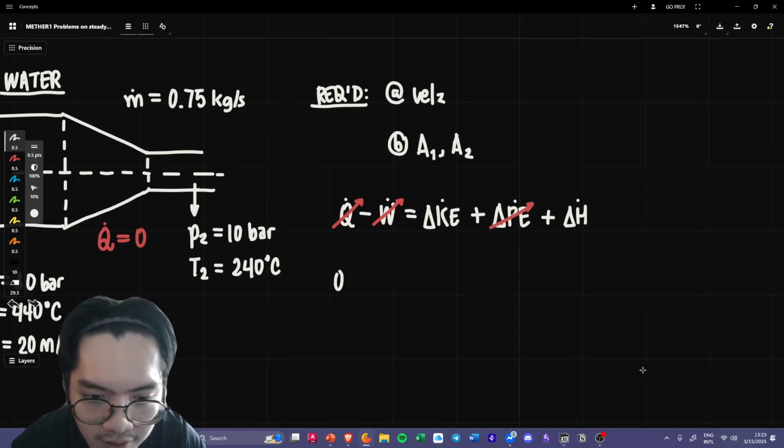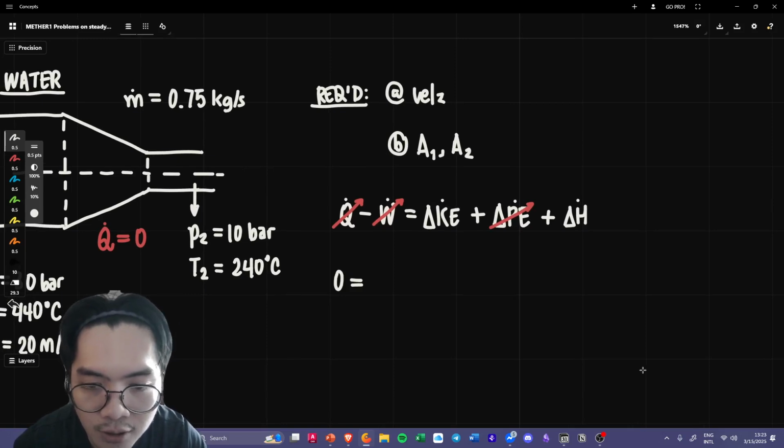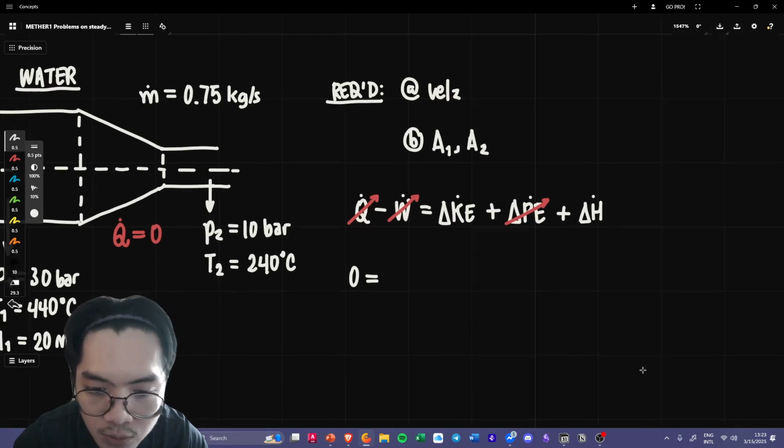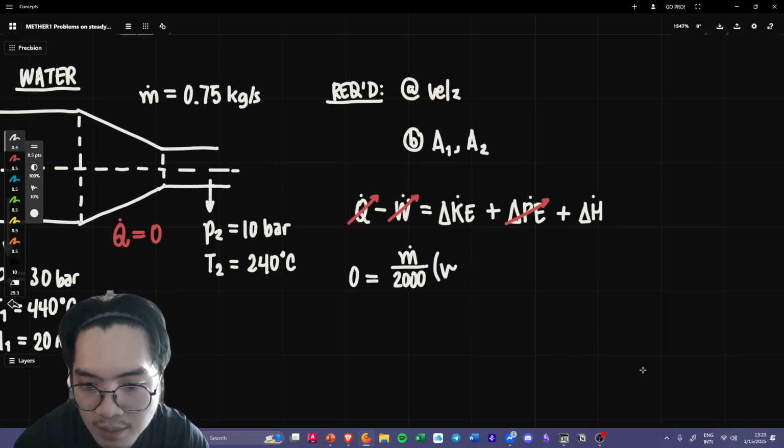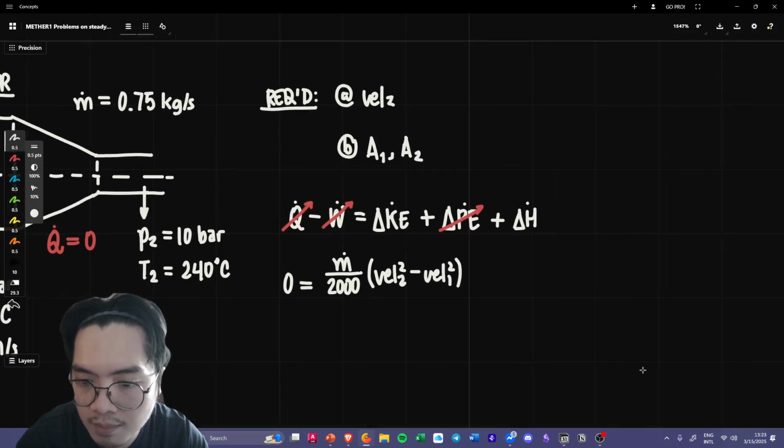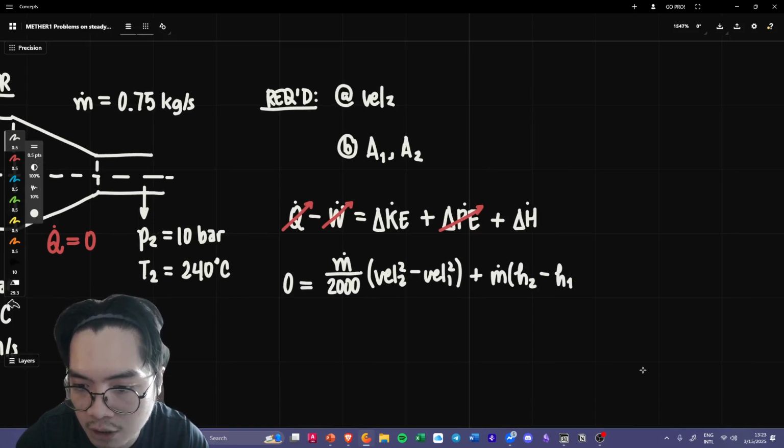That's the word I was trying to look for. If we expand your changes in kinetic energy, what you will get is m dot over 2000 times vel2 squared minus vel1 squared plus m dot times h2 minus h1.